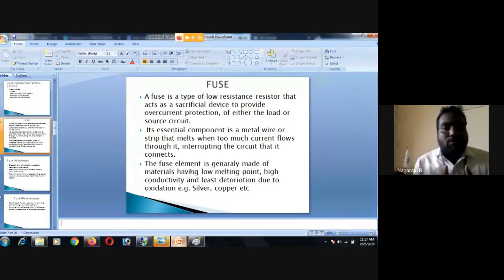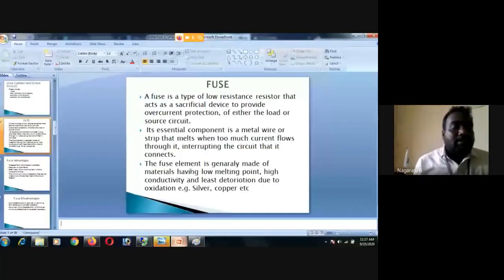The first one is expulsion, because it gives deionizing gases when the arc is forming, and it is used in highly rated applications.